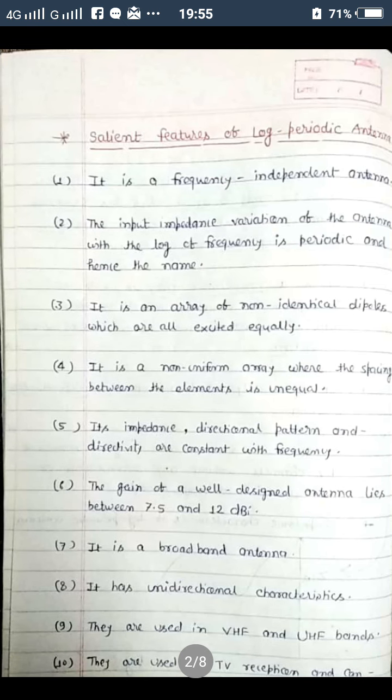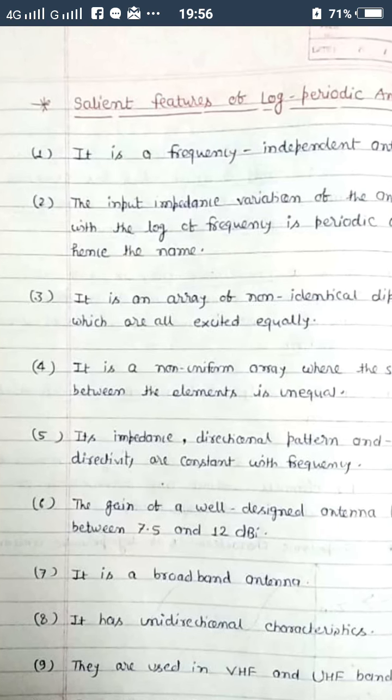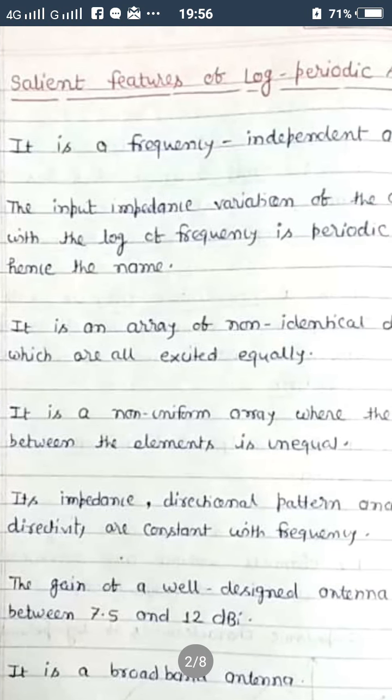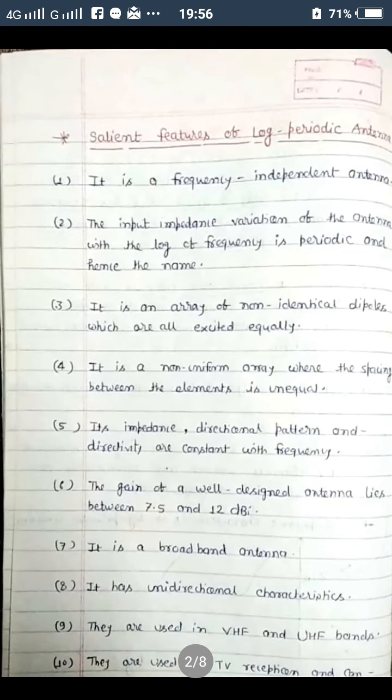Now the salient features of the log periodic antenna. As we have discussed, it is a frequency independent antenna. The input impedance variation of the antenna with the log of frequency is periodic, and hence the name log periodic antenna.